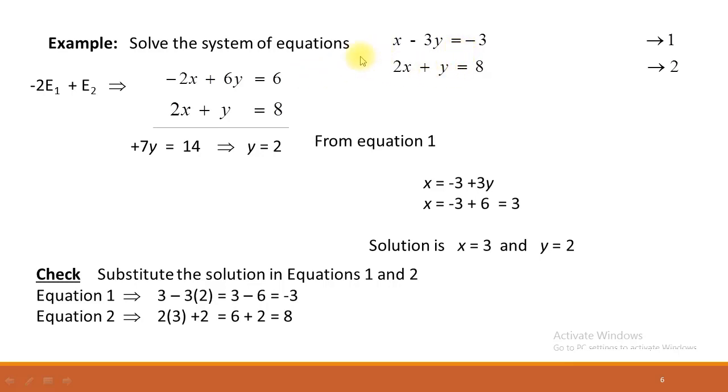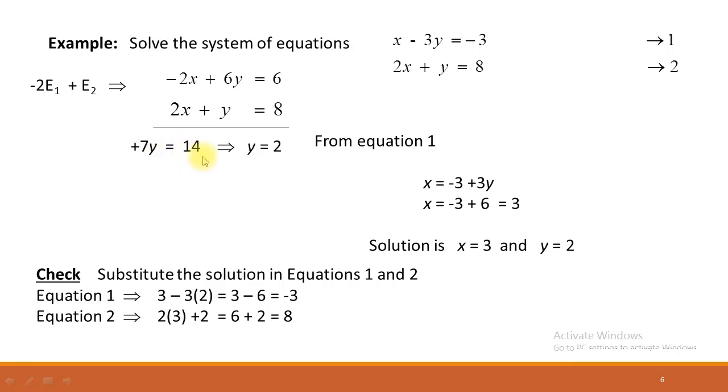Now to solve this system, multiply equation number 1 by minus 2 and add it to equation number 2. Multiplying equation number 1 by minus 2, we get minus 2x plus 6y is equal to 6, and now adding with equation number 2, minus 2x plus 2x is equal to 0, 6y plus y is equal to 7y, and 6 plus 8 is equal to 14.